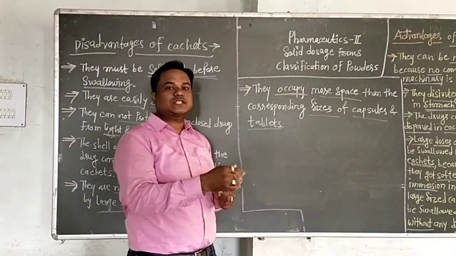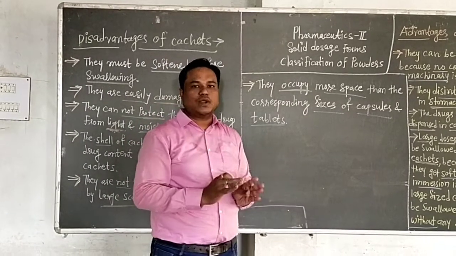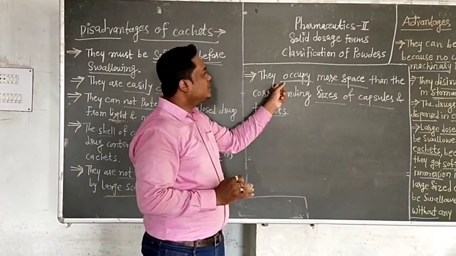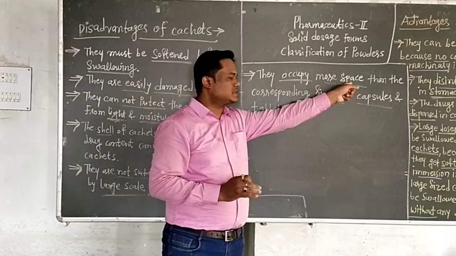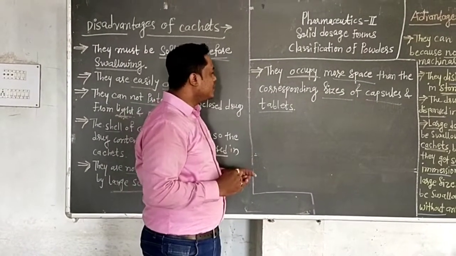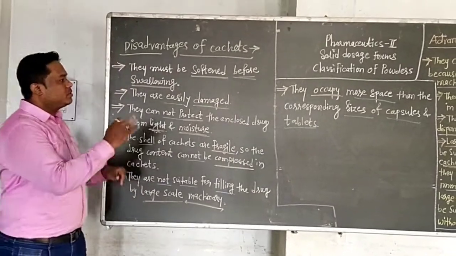Means the last capacity is 1.5 gram. Therefore, the size of cachets is more as compared to capsules and tablets. Therefore, they occupy more space. So these are the disadvantages of cachets.